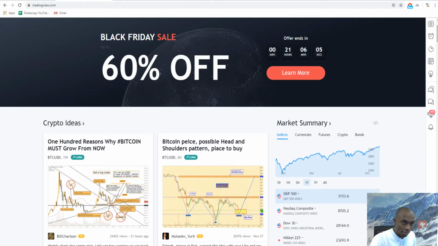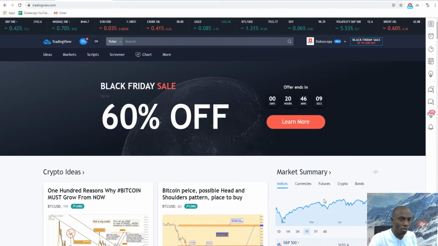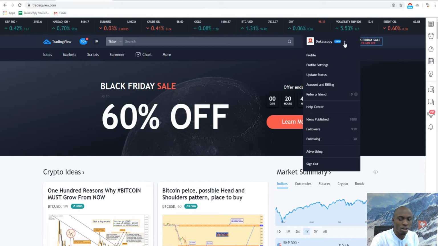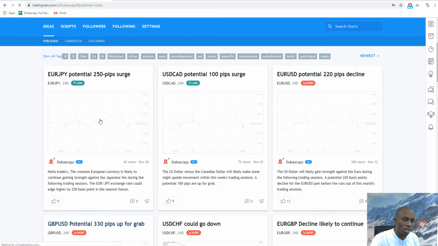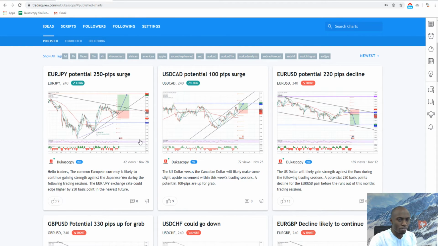So that being said, finally, conclusion. I told you earlier that we usually post on TradingView. You can just go on TradingView, then you will see our profile, Dukascopy Bank. Once you click on ideas published, you will see a lot of stuff there. I posted this Euro JPY yesterday.